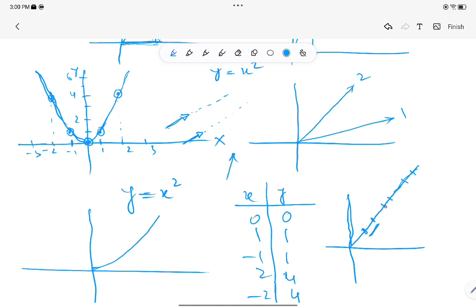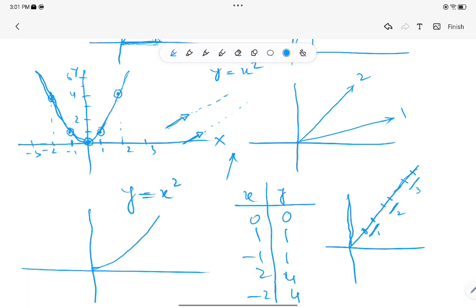Now again draw this. I now ask you: is the steepness of these three pieces the same or different?